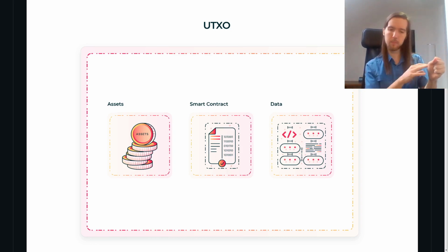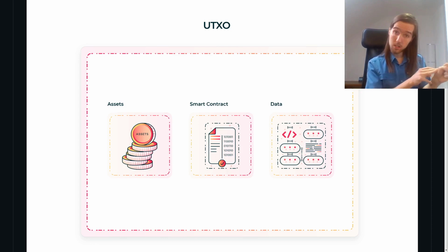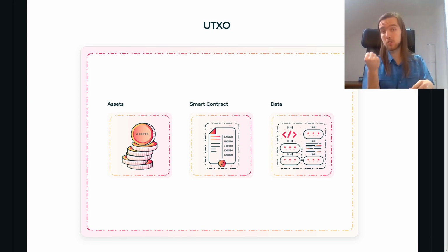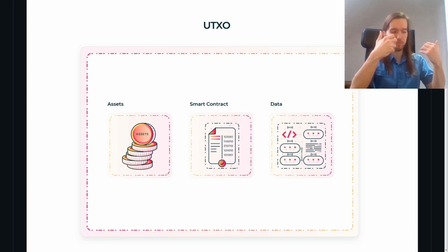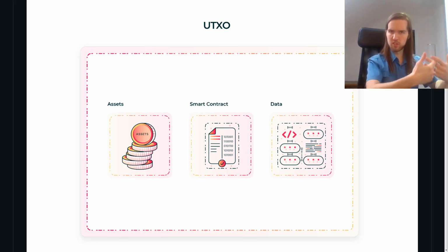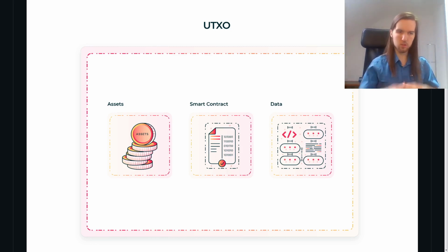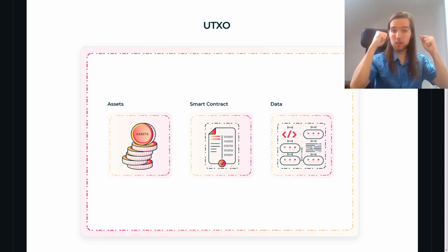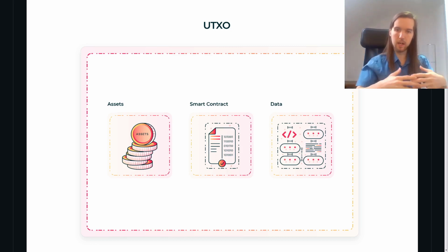ErgoScript, for those wondering, is much more inspired by Scala, while Plutus is much more inspired by Haskell. In many ways, this changes how the syntax is written, but the languages, at their very core, attempt to evaluate very similar logical propositions in the end. And so they're reasonably different on the user side, but deep down inside, what they're doing is making similar checks.